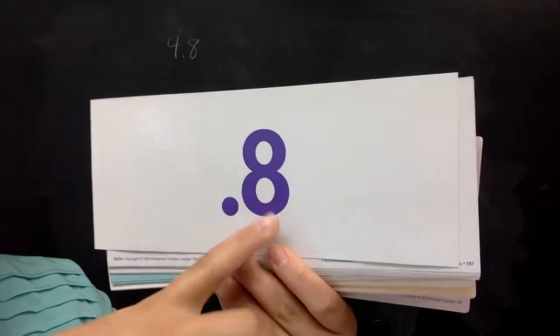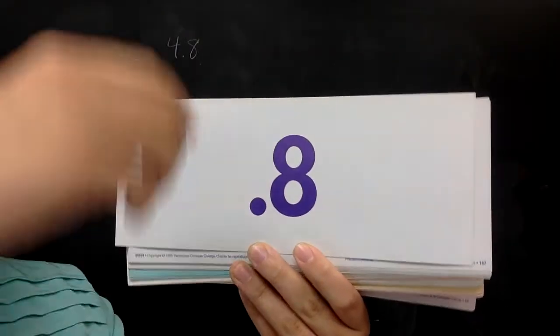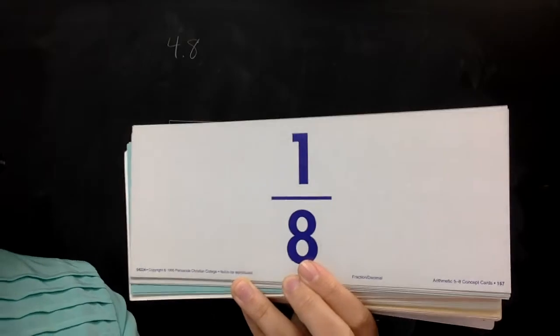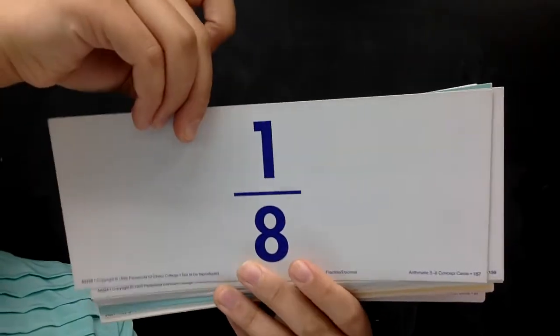All of these, if it's one place, you read it as tenths, two places hundredths, and three places thousandths. I'm just going to say them that way for the rest of these.